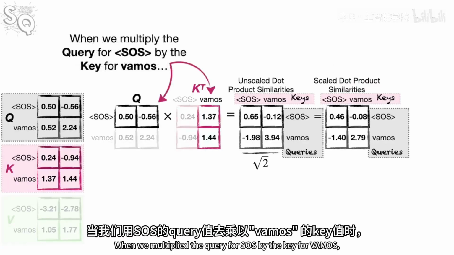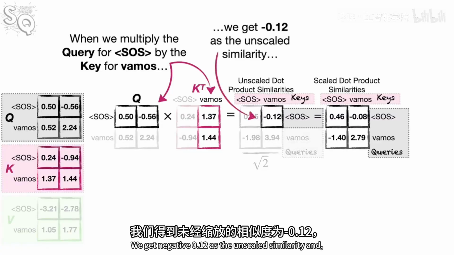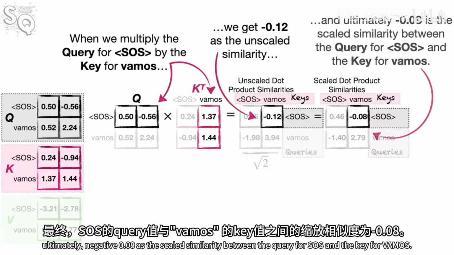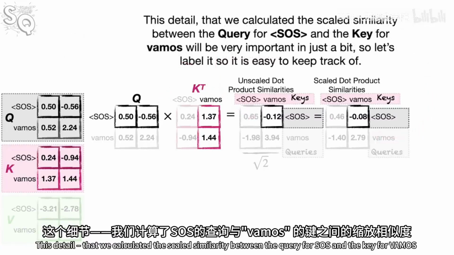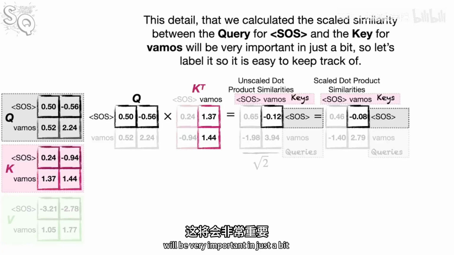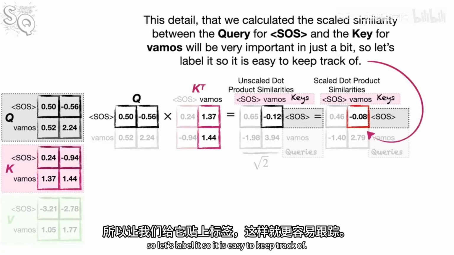When we multiply the query for SOS by the key for Vamos, we get negative 0.12 as the unscaled similarity, and ultimately negative 0.08 as the scaled similarity between the query for SOS and the key for Vamos. This detail, that we calculated the scaled similarity between the query for SOS and the key for Vamos, will be very important in just a bit. So let's label it so it is easy to keep track of.